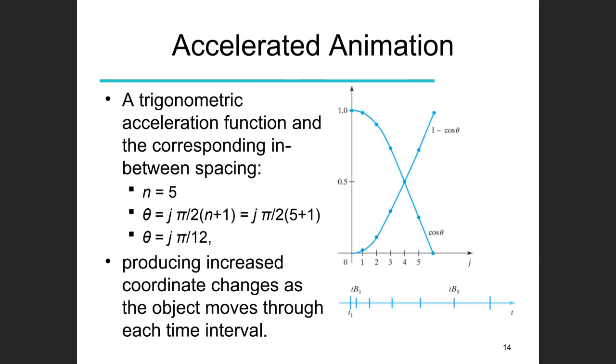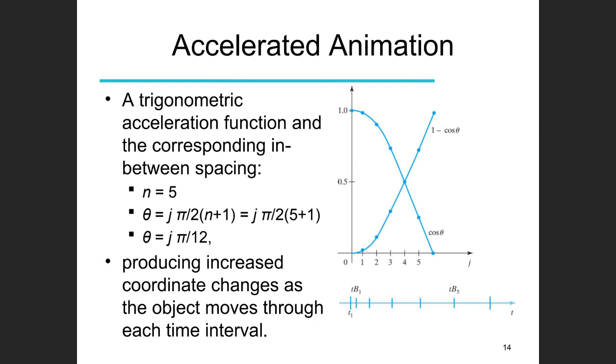So we have j pi divided by 2 multiplied by n plus 1, with n equal to 5. This 5 will be added with the 1, which is 6, and then 6 multiplied by 2 is 12. So our equation of theta is simplified: j pi divided by 12, because we have the value for n.